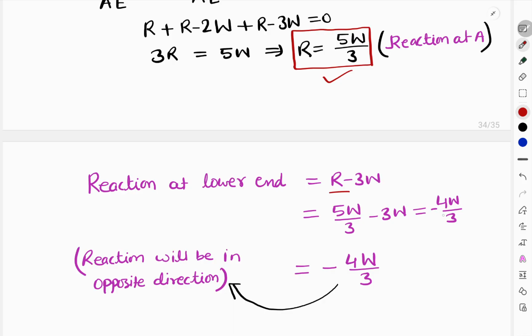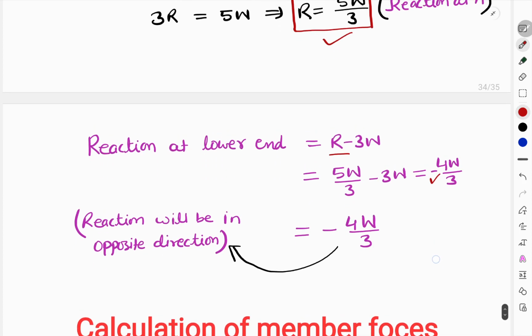Whatever direction was taken for the reaction at the lower end, that direction will change, because the value came out negative.